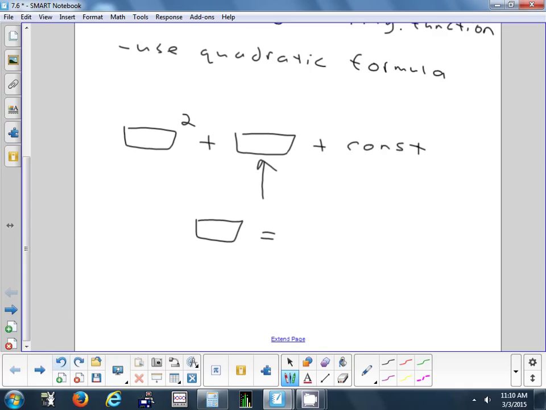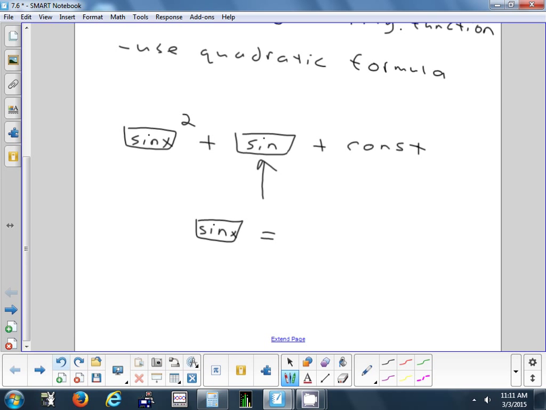If it's sine squared plus sine plus 7 equals 0, you're solving for sine equals. So in that last step, we got to remember, we got to get x by itself still. So you're solving for whatever that middle thing is, but we still have to get x by itself in the very last step.